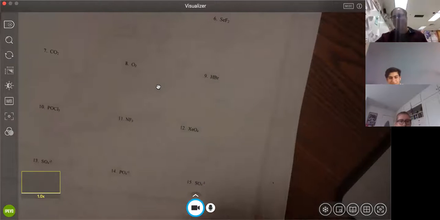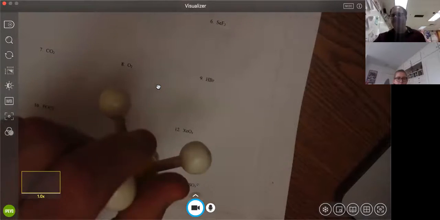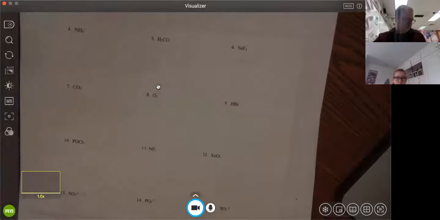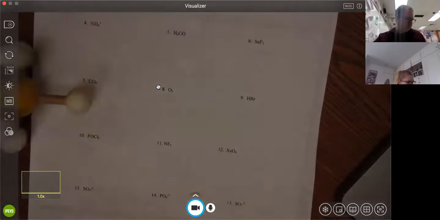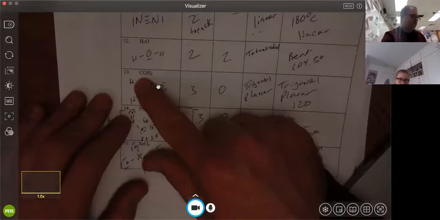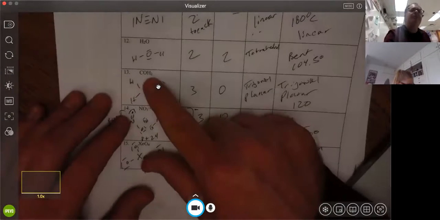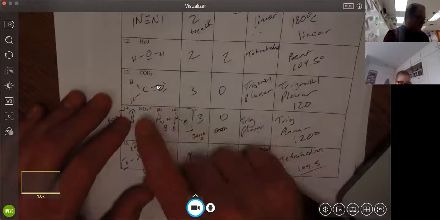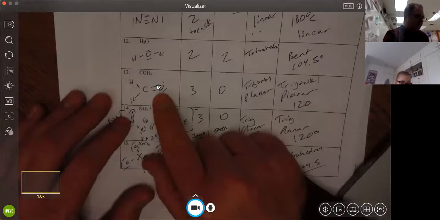Mr. Jackson, is the review page 17? Yes. Okay. And then will you go through number 13 on page 16 for me? Yep. So you have carbon in the middle. You put an oxygen on there, and then you put the hydrogens on each side. So we end up with this.